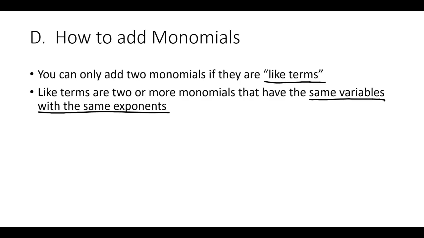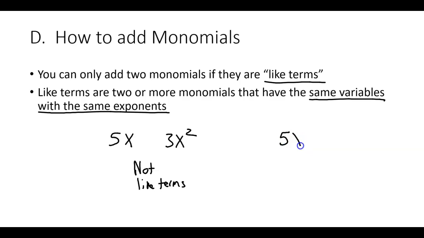So, for example, let's say 5x and 3x squared. These are not like terms, because even though they have the same variable, x, one has a power of 2 and the other one doesn't. So that's not like terms. Okay. Let's do another one.